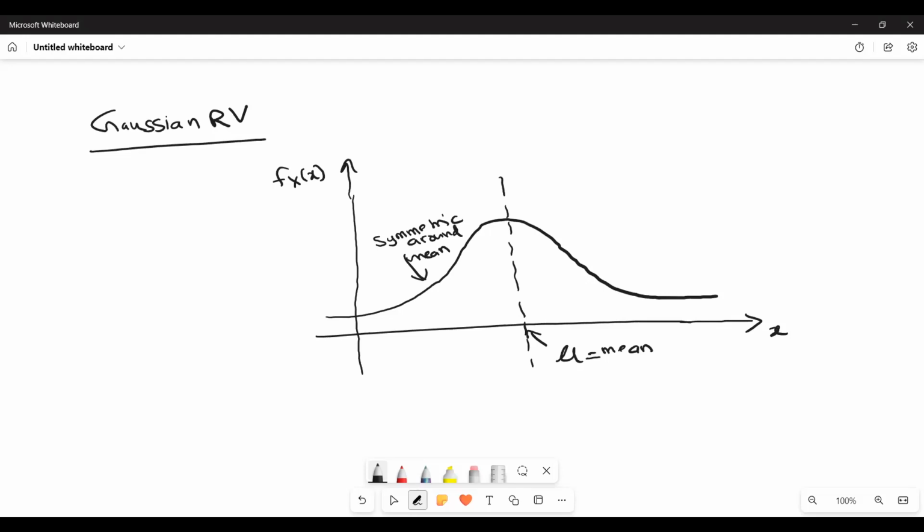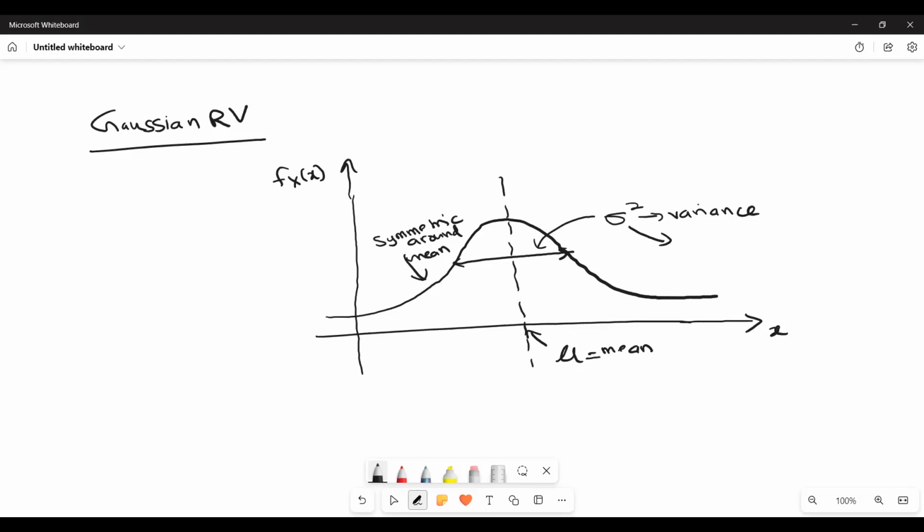Then we define the width of the distribution using the variance of the distribution, which we can find using the mu value. I will explain it with the moments of the random variable. We will define these things mathematically as well.